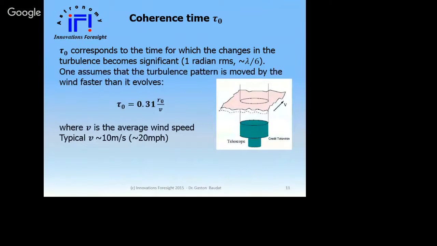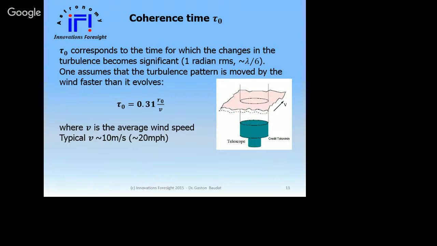And this time is based on the idea that the turbulence is moving across the field of your scope. This motion is coming from the wind in the atmosphere, and during the motion, the structure of the seeing is not changing. If you wish, the turbulence changes slower than the motion coming from the wind.